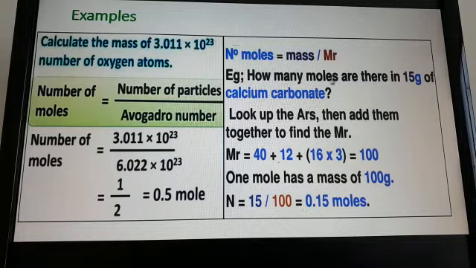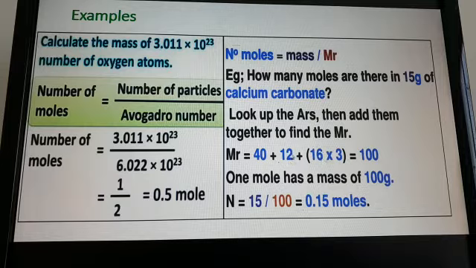How many moles are there in 15 grams of calcium carbonate? Look at the relative atomic masses and add them together to find the molecular mass. The atomic mass of calcium is 40, carbon is 12 and oxygen is 16. Calcium carbonate has 1 atom of calcium, 1 atom of carbon and 3 atoms of oxygen.